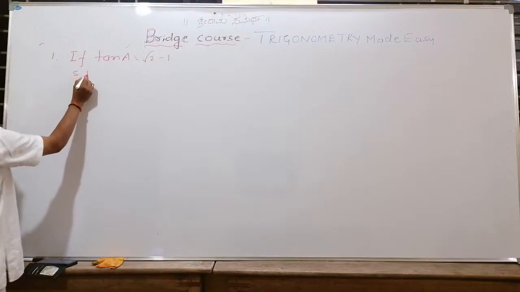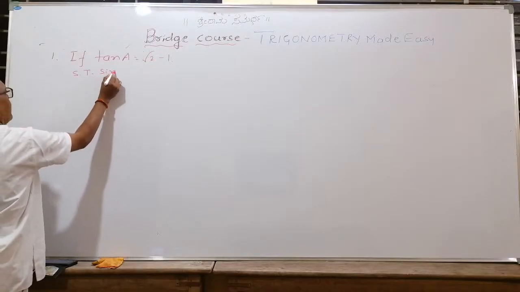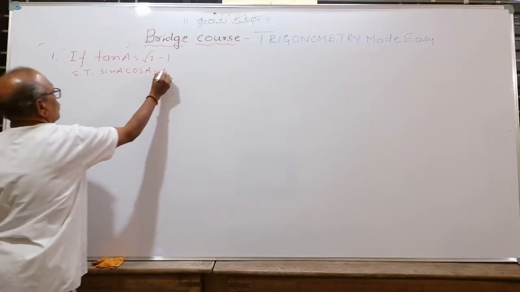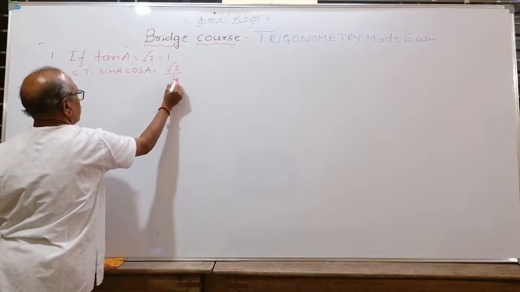Show that sin A into cos A is equal to root 2 by 4.